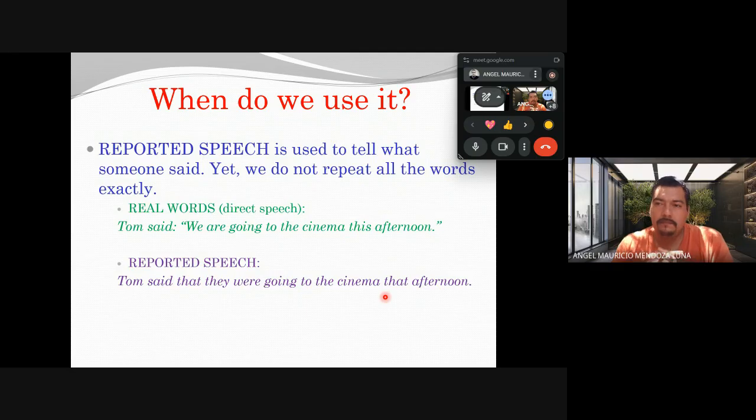That's why it is essential, not only in everyday conversations, but also in academic writing.